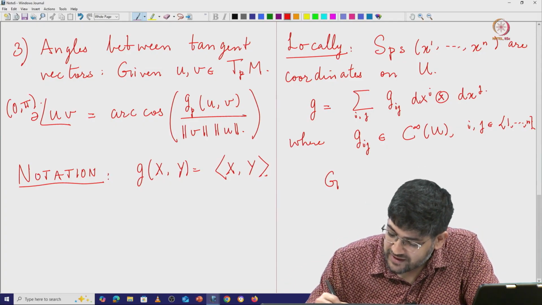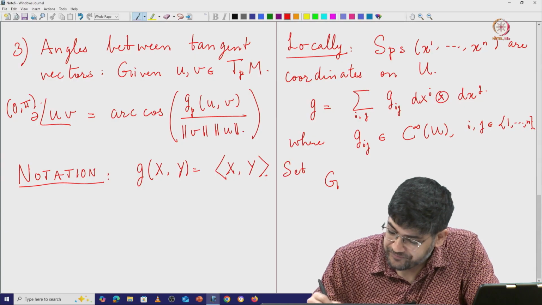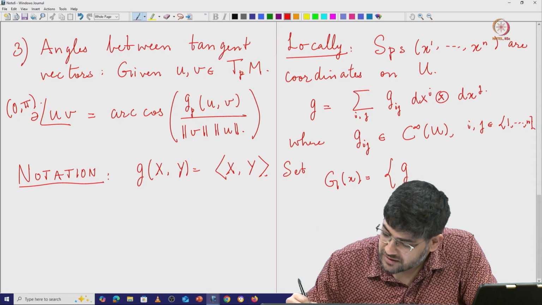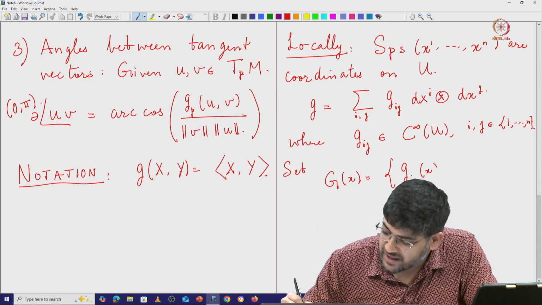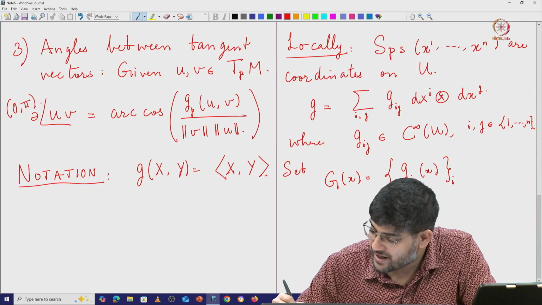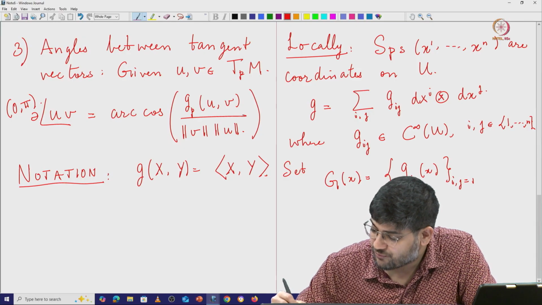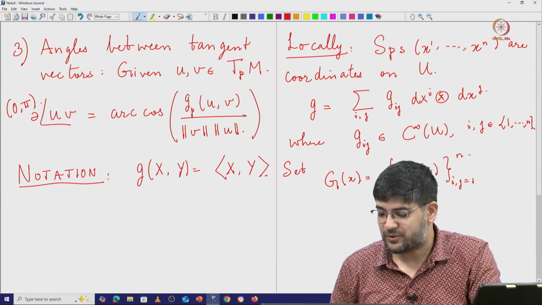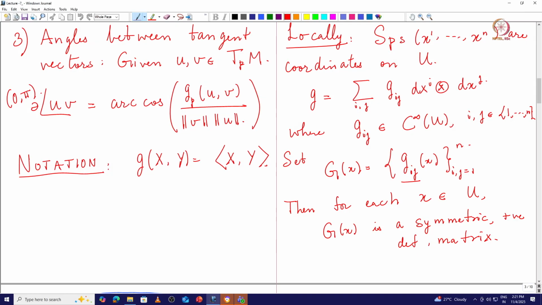So we set capital G of x to simply be the collection of these g_ij's of x, where i and j vary from 1 all the way up to n. Okay. So then for each x in U, G of x is a symmetric and positive definite matrix.